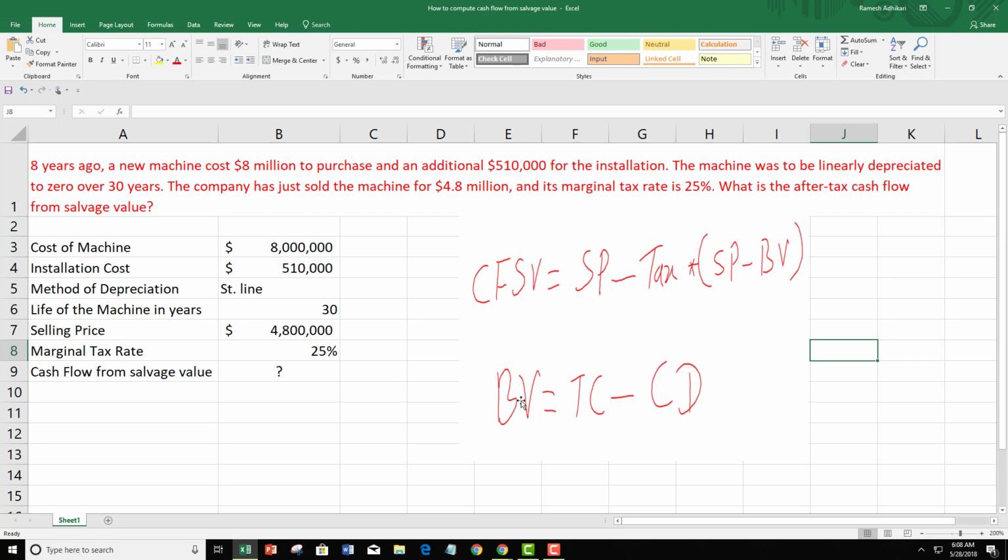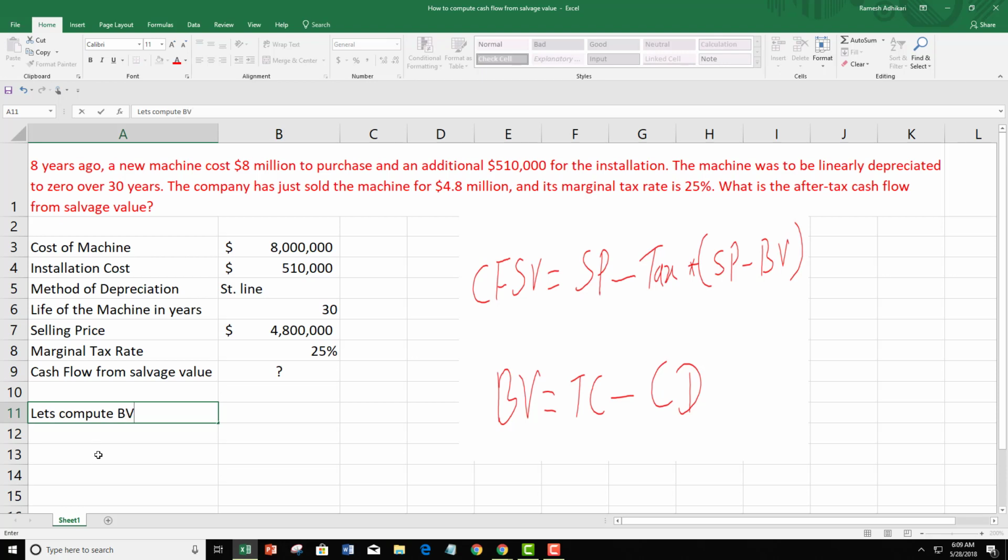And what is book value? Book value is basically the total cost of the machine minus the cumulative or accumulative depreciation. So in order to compute book value, let's see how we do that. Let's compute book value first.